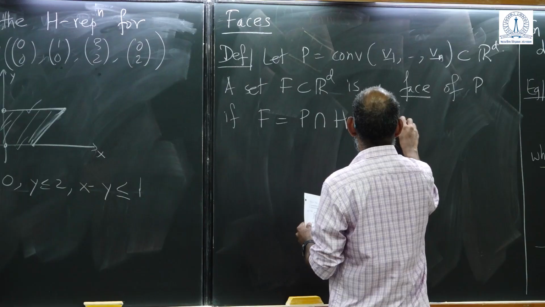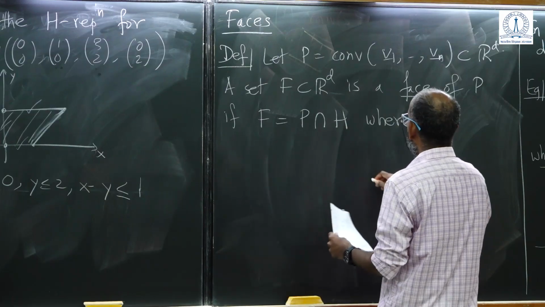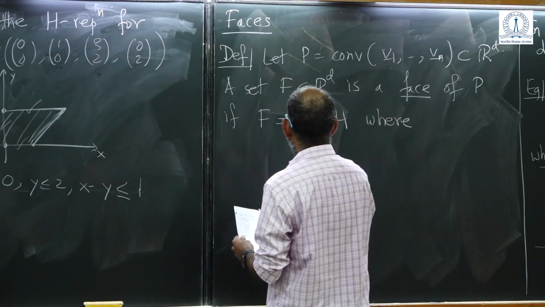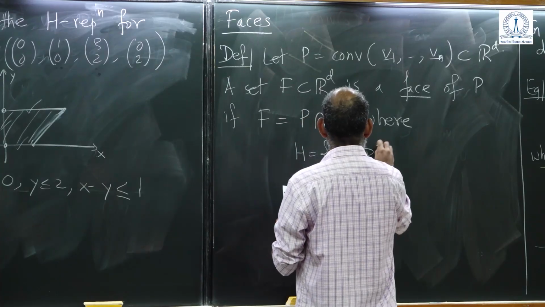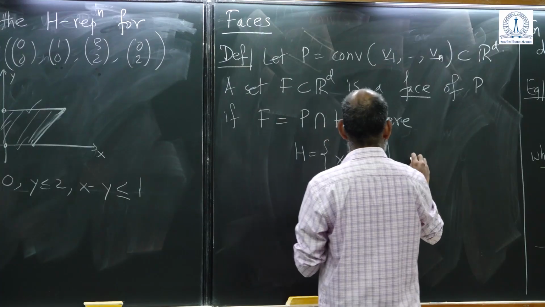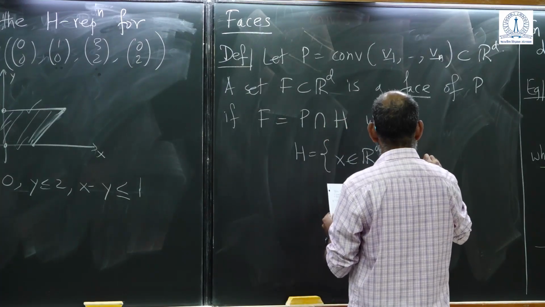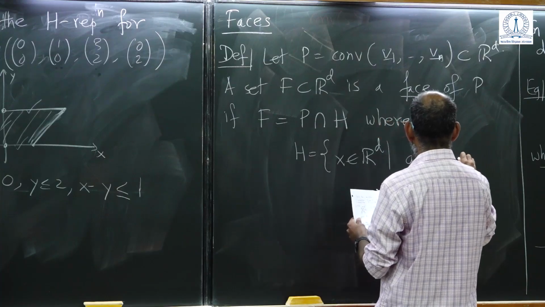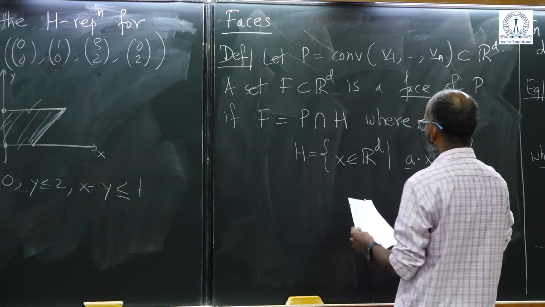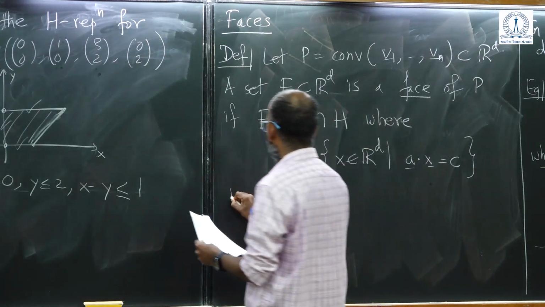where H is a hyperplane, so {x in R^d such that a dot x is equal to c} is a hyperplane.